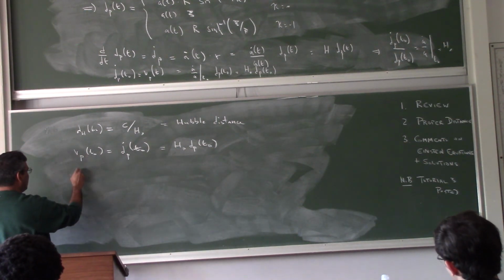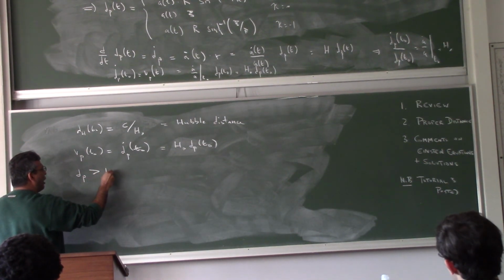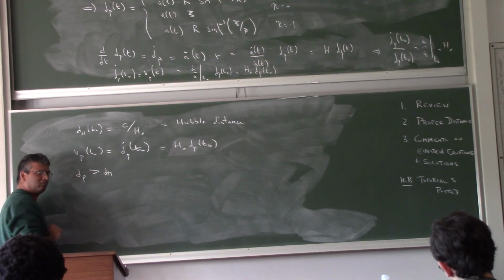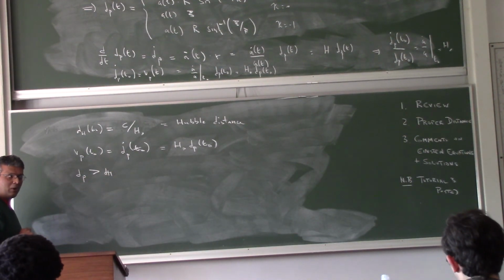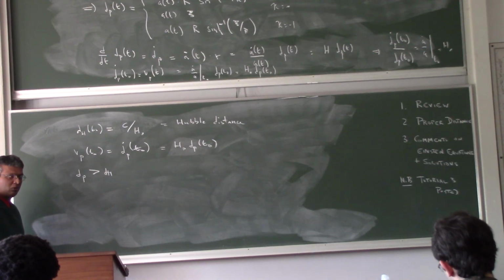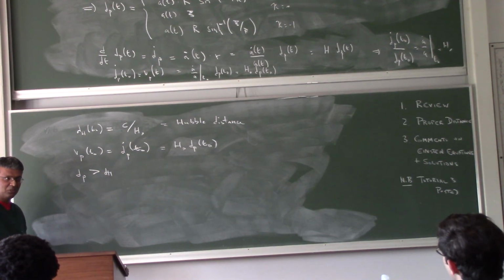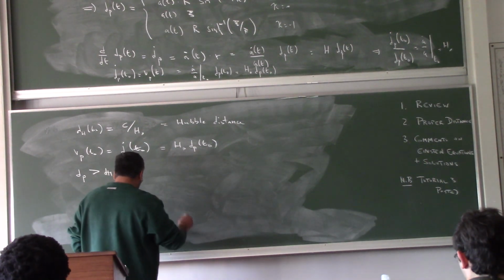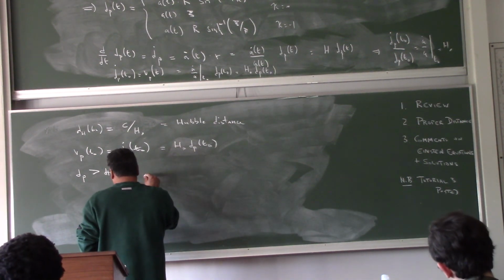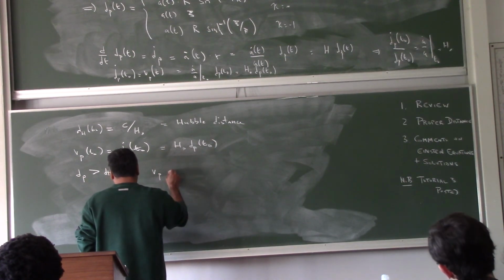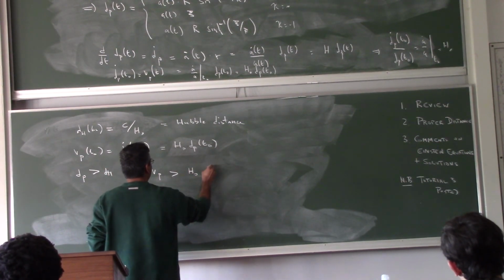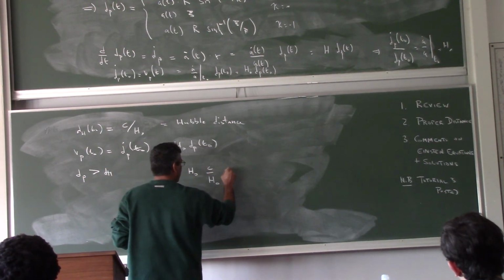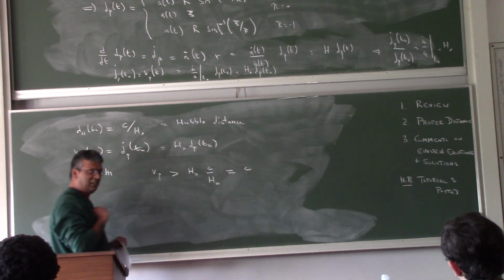So suppose dp was greater than dH. Okay, so you're at some proper distance larger than the Hubble distance. Then Vp is greater than H0 times c over H0, which is equal to c.